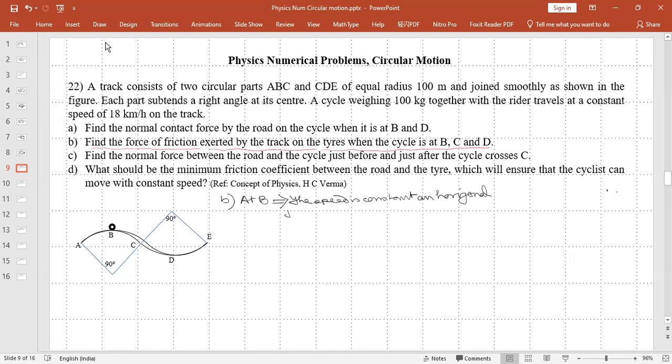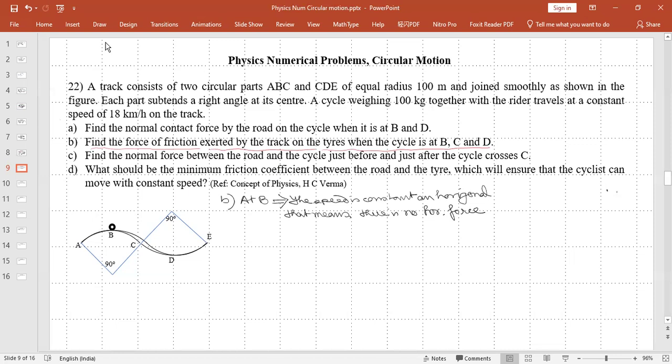That means there is no horizontal force. Why?